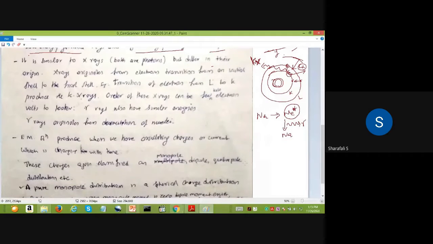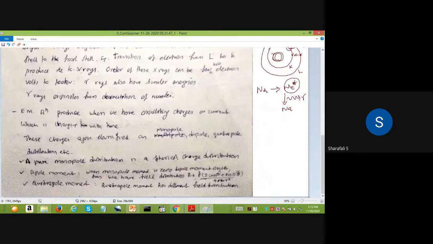Their origin is different. Now, if we consider electromagnetic radiation, any electromagnetic radiation will be produced by an oscillating charge or through a current which is varying with time. So these are the two mechanisms. Normally, an oscillating charge can produce electromagnetic radiation.